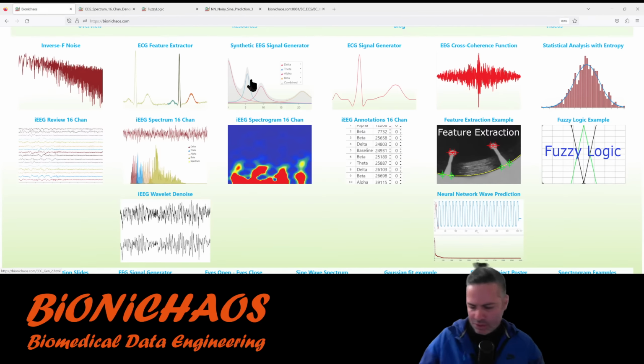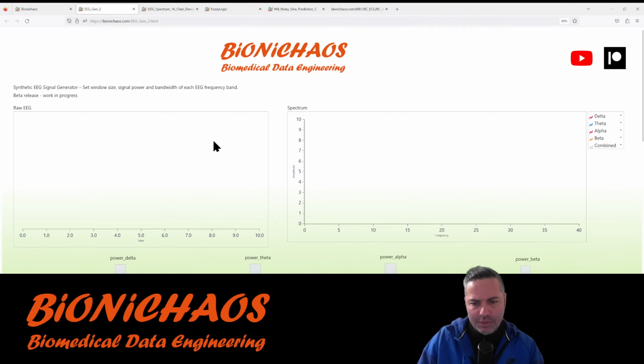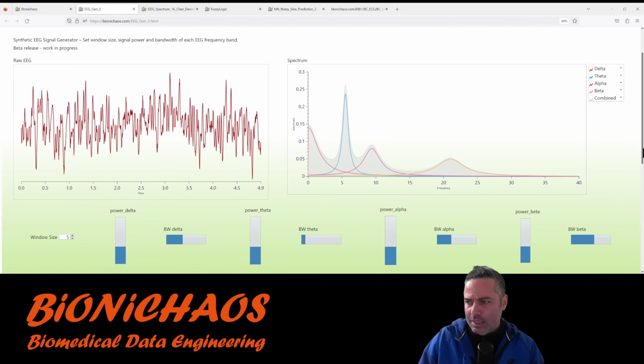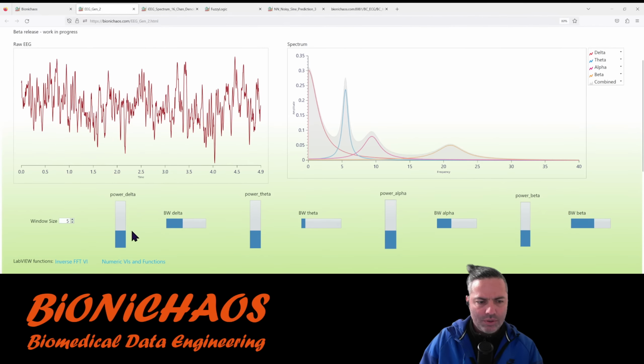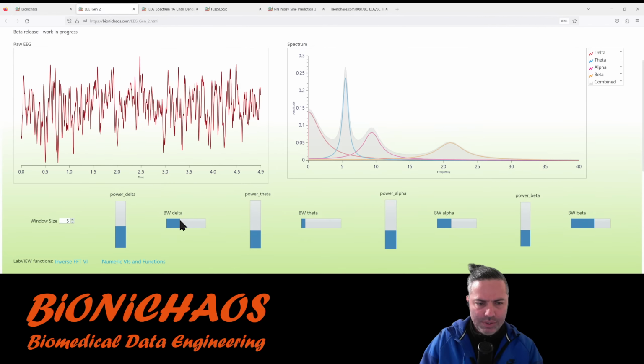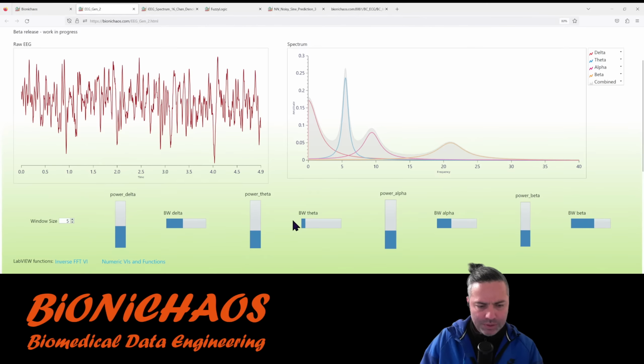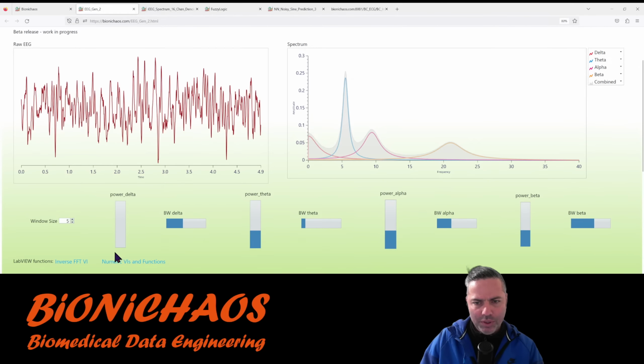But then a lot of the concepts are, I'm not sure what will be the best way of grouping them. We have also the synthetic EEG, so that can address some noise issues as well.